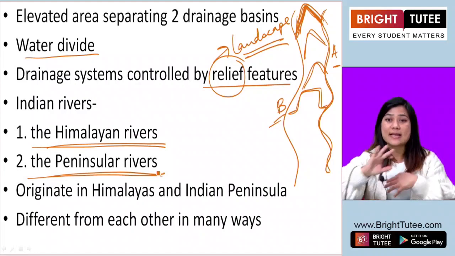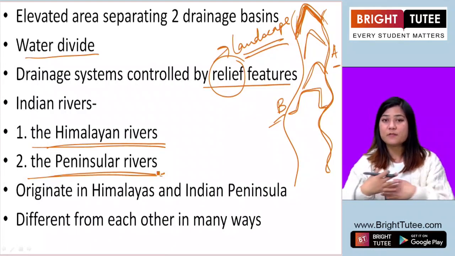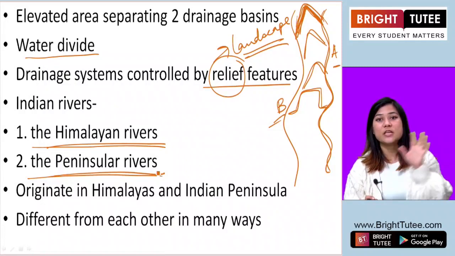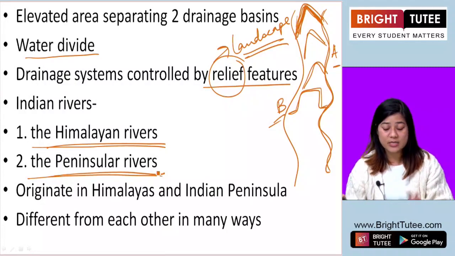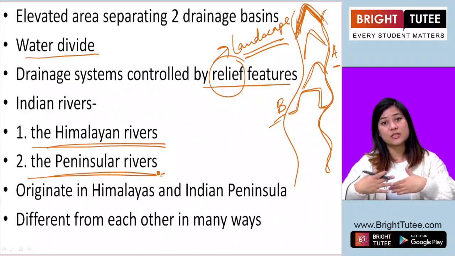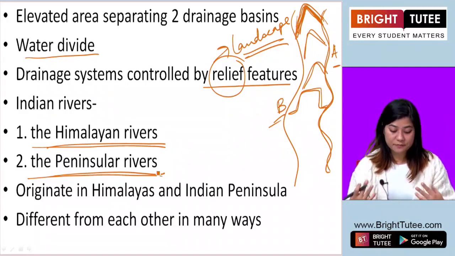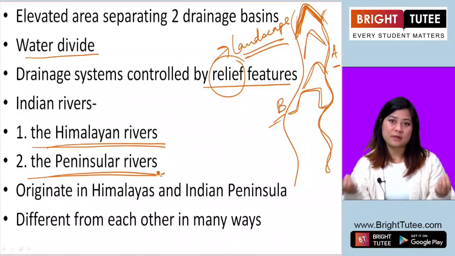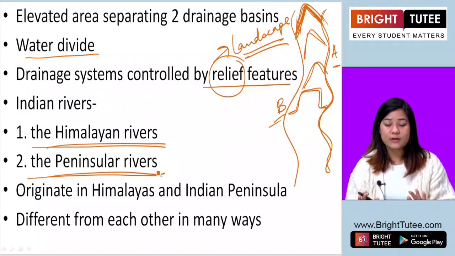So according to the landscape, according to the relief feature of our country, the rivers are divided accordingly. The rivers that are found in the northern part, the Himalayan region, are Himalayan rivers, and the rivers that are found in the southern or peninsular part are peninsular rivers. Now these are rivers, so they could be the same, right? But no, they are different from each other in many ways, and we will learn it in the following topics.